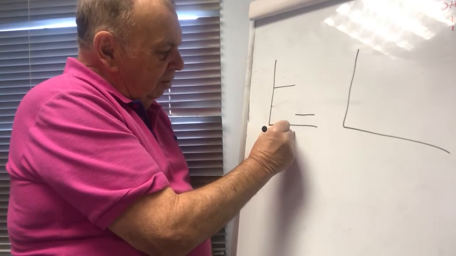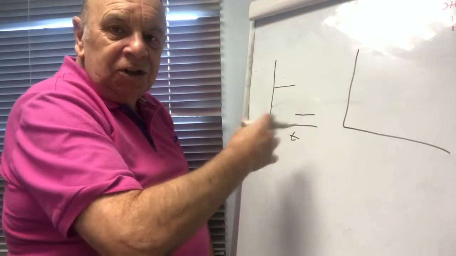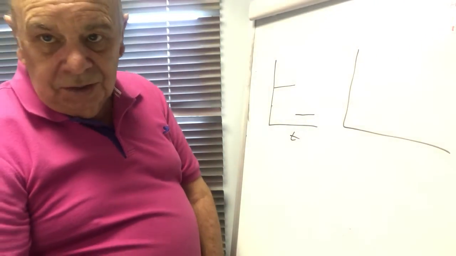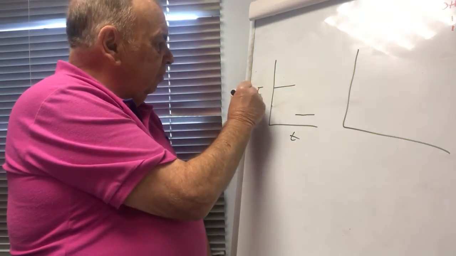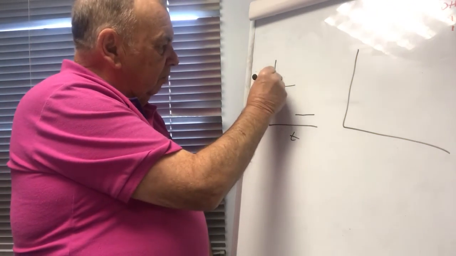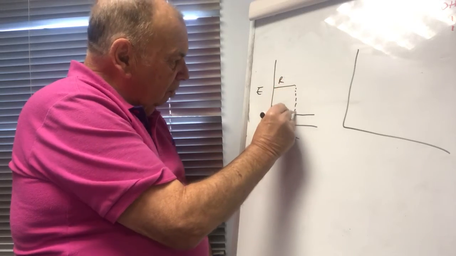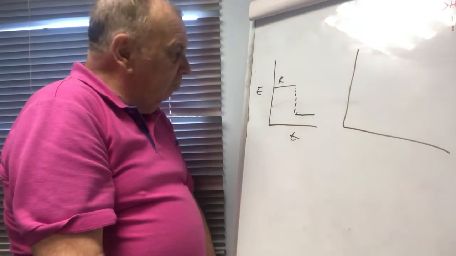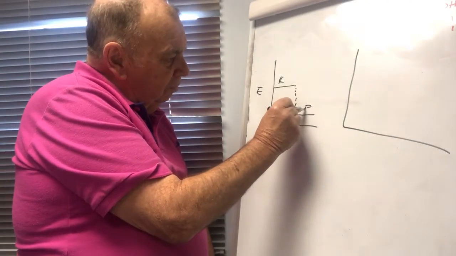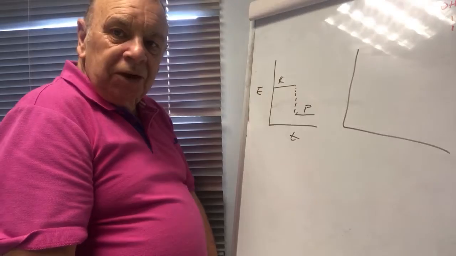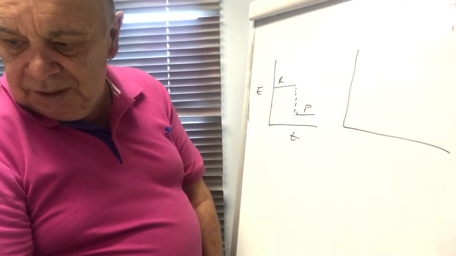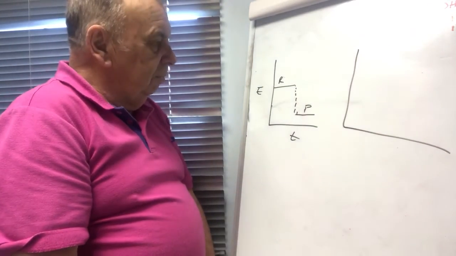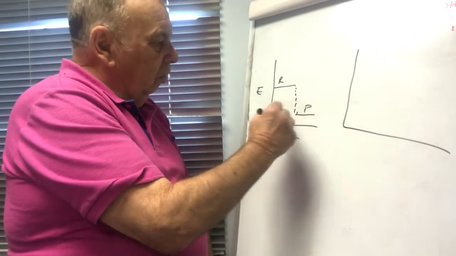As time goes on, what happens to the energy? So the energy of the products is less than that of the reactants, and therefore it gives out energy in the form of heat.